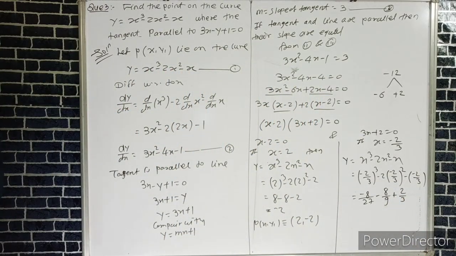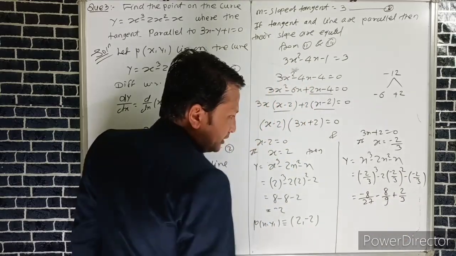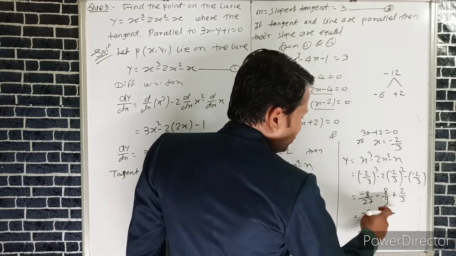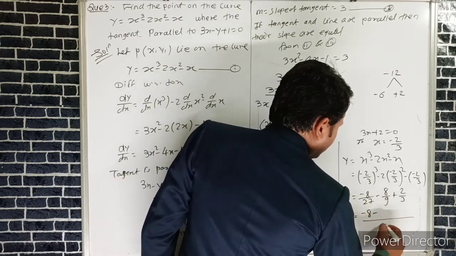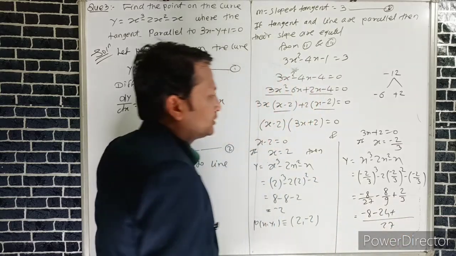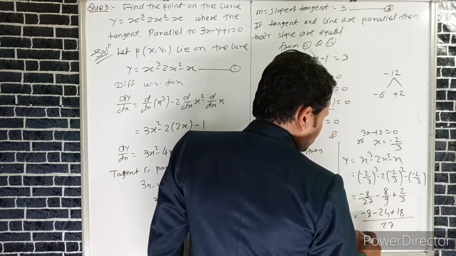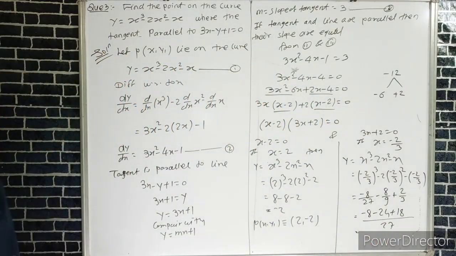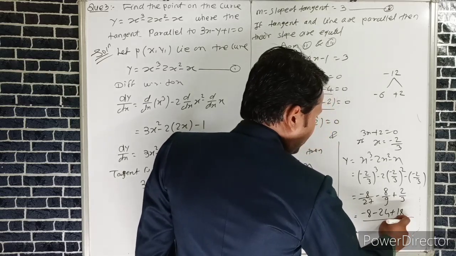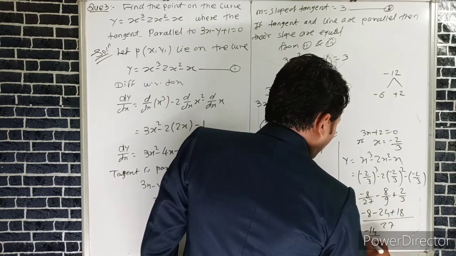If we equate the denominators, we can write minus 8, minus 8 into 3 is 24, plus 2 into 9 is 18. So minus 8 minus 24 plus 18 is minus 14 upon 27.